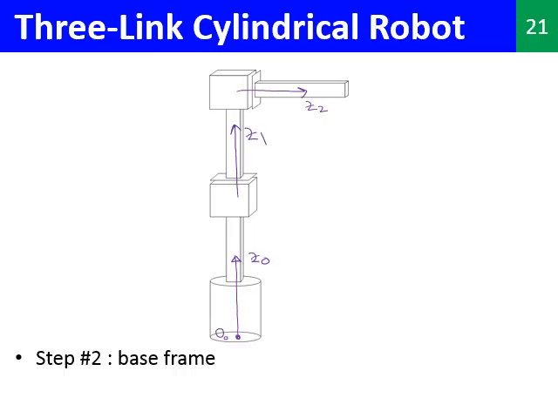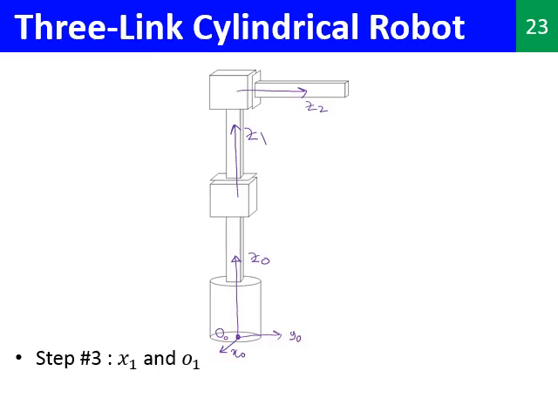The choice of X0 is totally up to you. And for a change, how about we choose X0 in this direction where it comes out of the slide. Okay. Y0 should form a right-handed set. Therefore, Y0 should be in this direction.